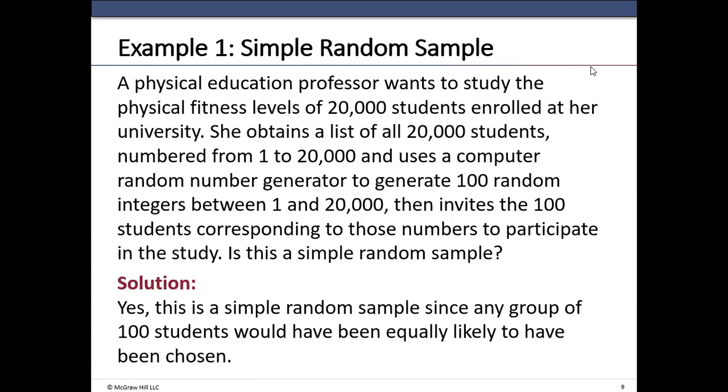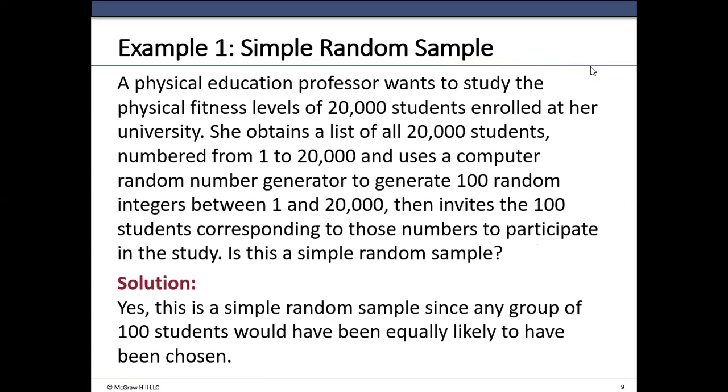A physical education professor wants to study the physical fitness level of 20,000 students enrolled at a university. She obtains a list of 20,000 students numbered from 1 to 20,000. How are they numbered? Maybe based on their last name alphabetically. She uses a computer random number generator to generate 100 integers between 1 and 20,000.